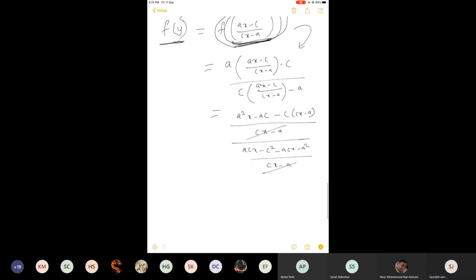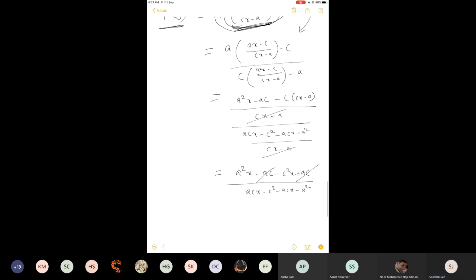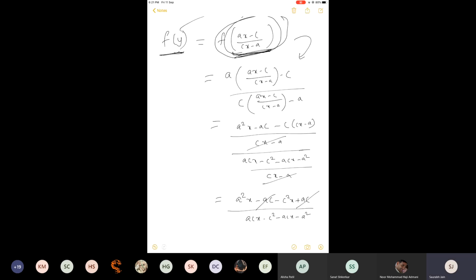Okay. Now in the numerator it will be a square x minus ac minus c square x plus ac. And in the denominator it is acx minus c square minus acx minus a square. This will be cancelled. And just a minute. This is acx minus c square. See, please note here it will be plus a square.